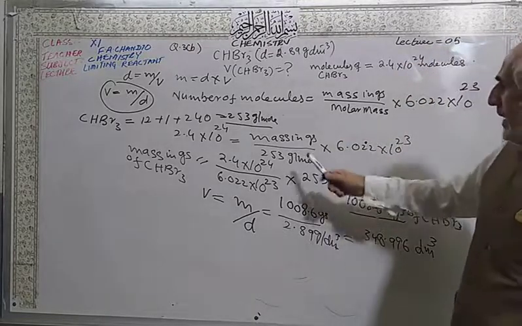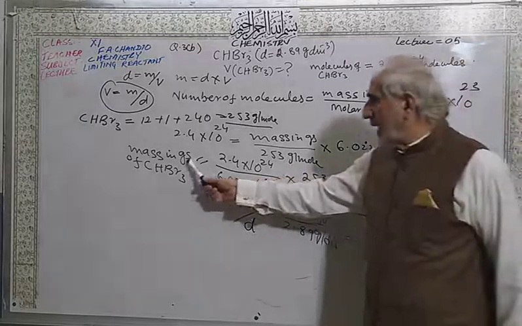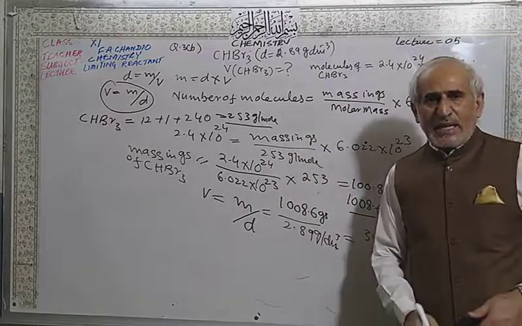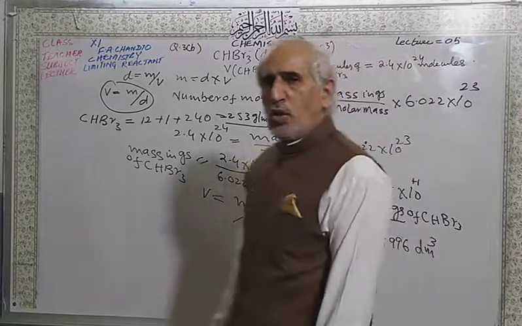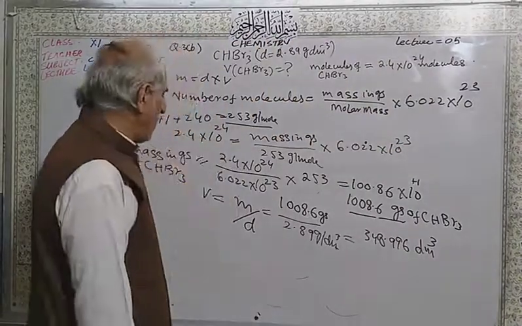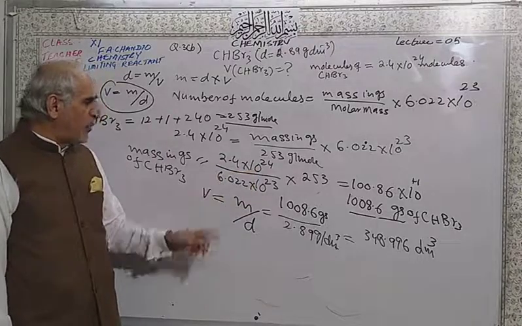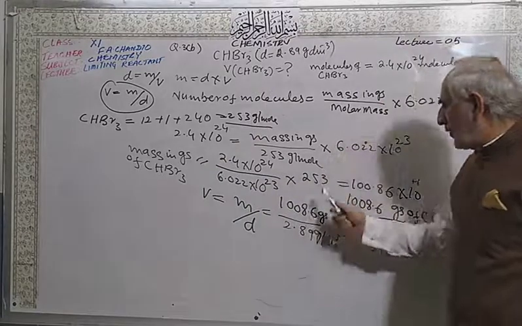So dear students, mass in grams of tribromomethane is the number of particles divided by Avogadro's number multiplied by the molecular mass of the organic compound. So 2.4 into 10 raised to power 24 divided by 6.022 into 10 raised to power 23 multiplied by 253.